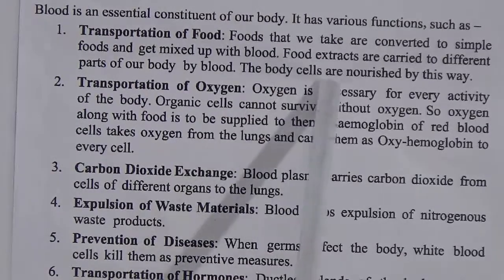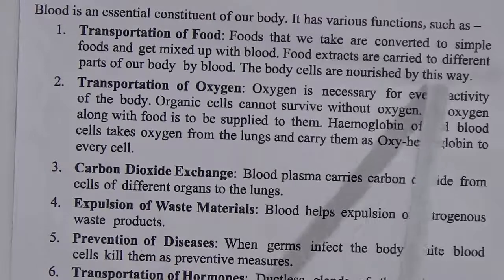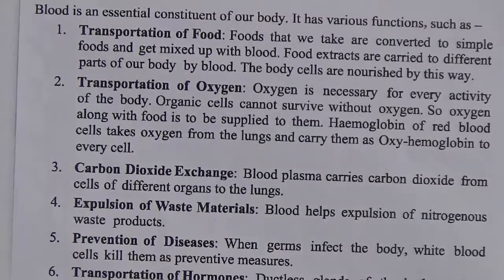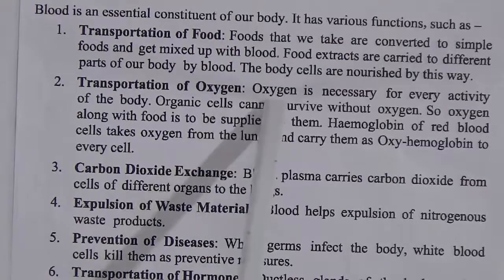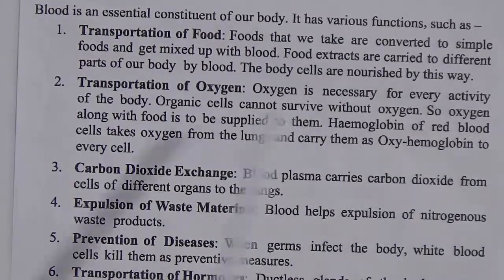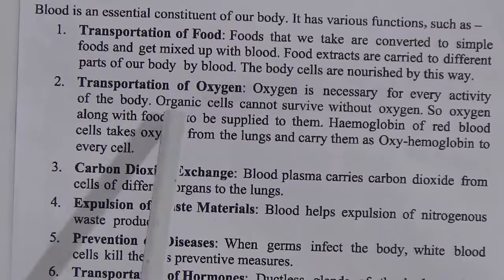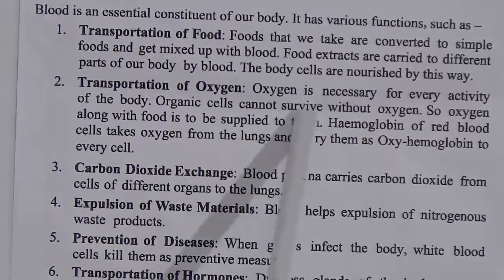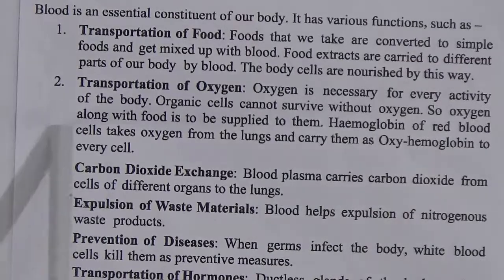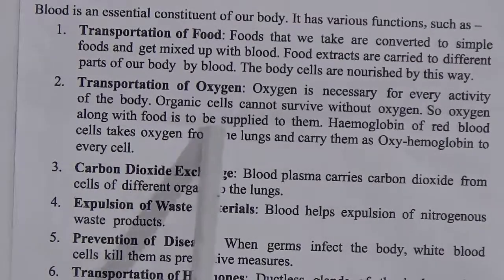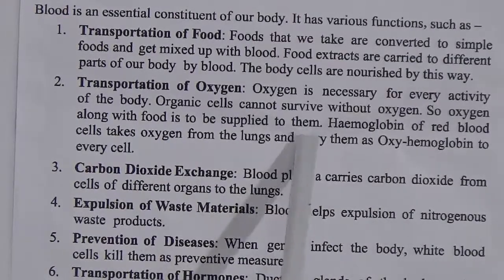The body cells are nourished this way. Next is transportation of oxygen. Oxygen is necessary for every activity of the body. Cells cannot survive without oxygen, so oxygen along with food is to be supplied to them.